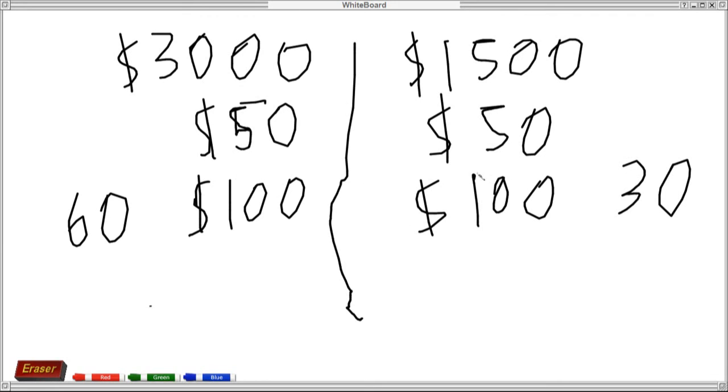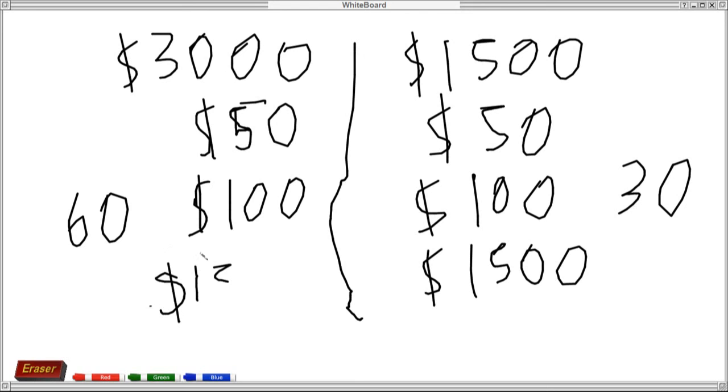15 times 100 is $1,500. Right here, 15 phones is $1,500.